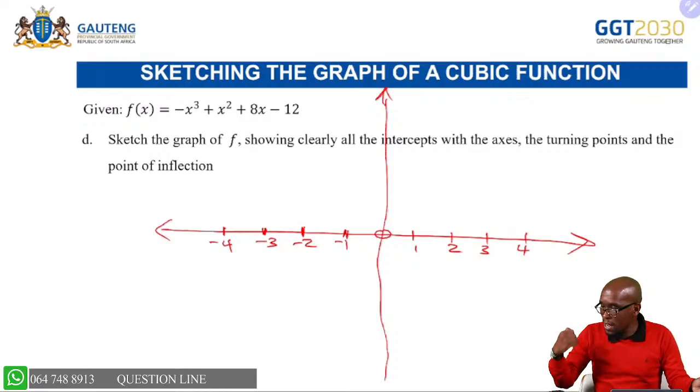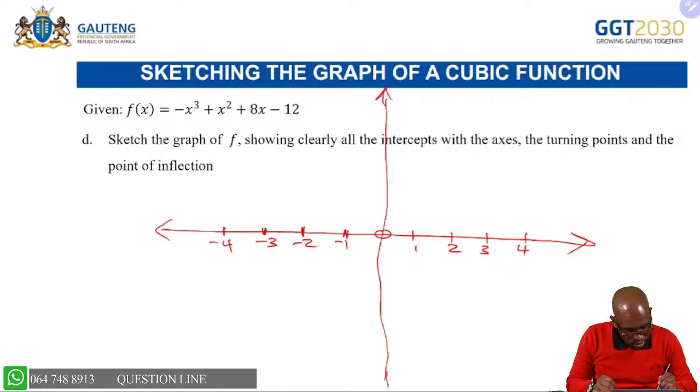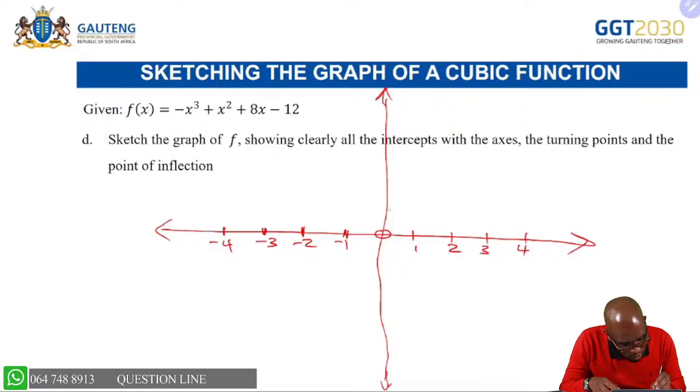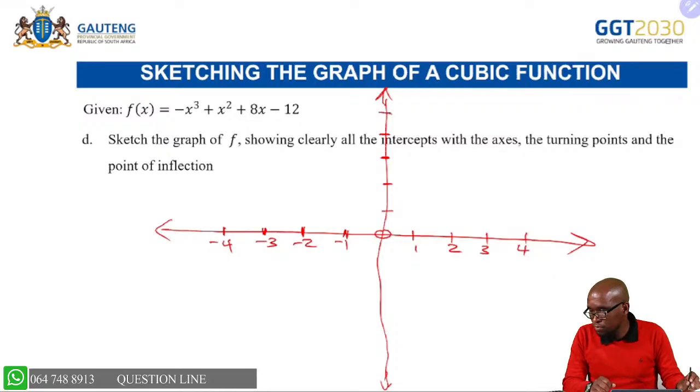And then on the y-axis, I have the y-intercept being minus 12. I have a value approximated at minus 18.5 for another turning point, and I have minus 9.3. So I would just use scales of 4 here. I have 4, 8, 12, 16, 20.